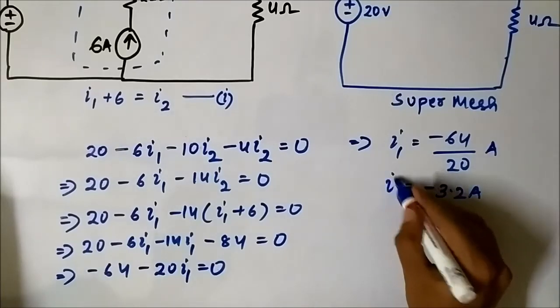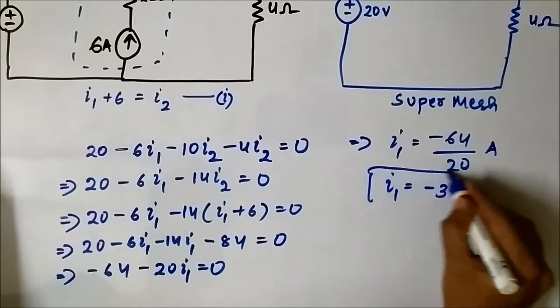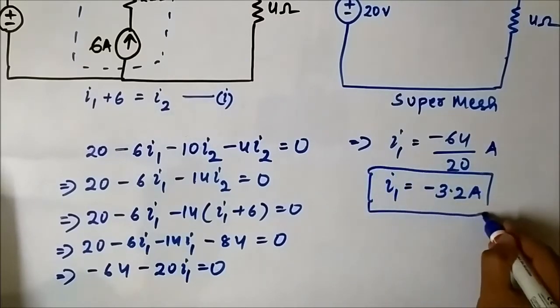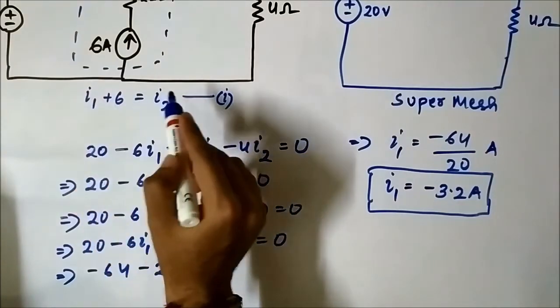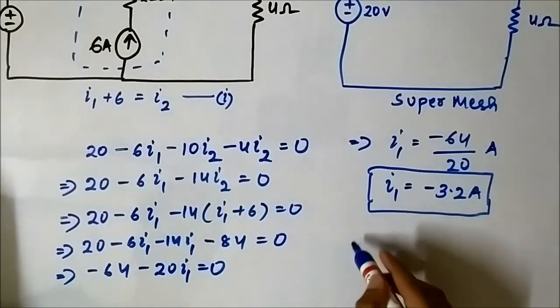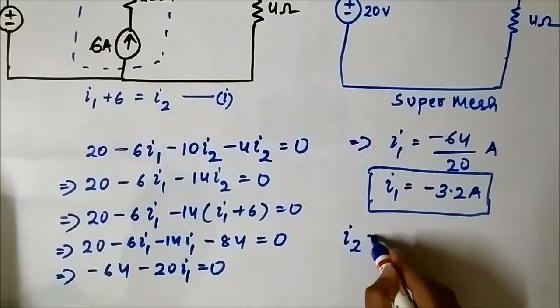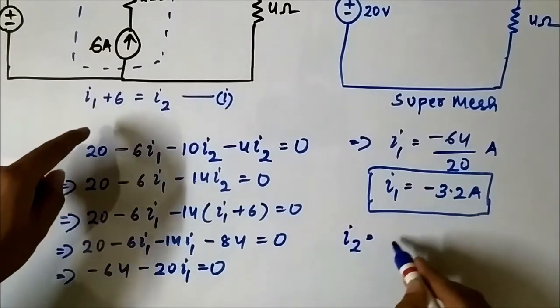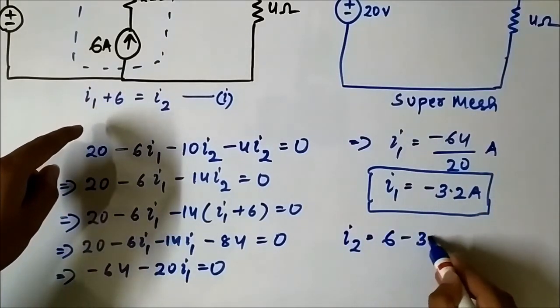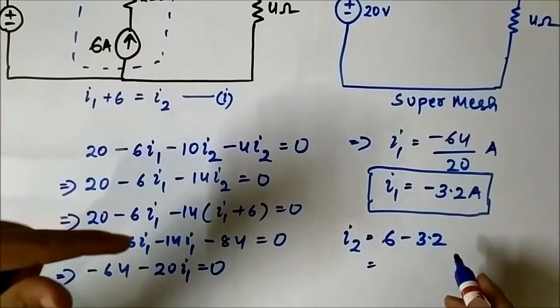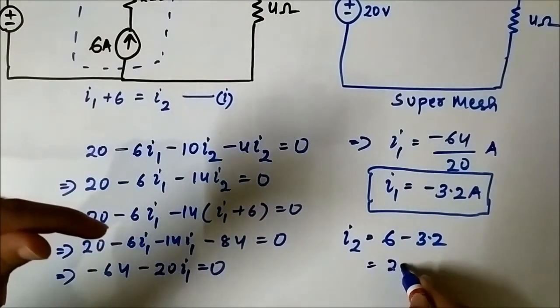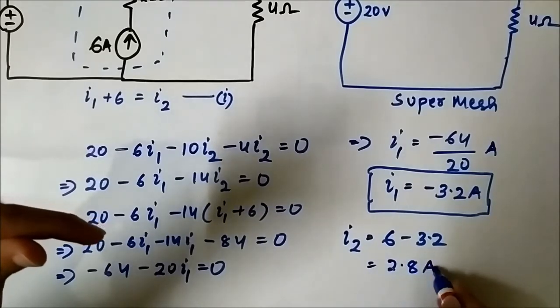So we have found I1. Now we can use this value and we get the value of I2. I2 is equal to 6 plus I1, which means 6 minus 3.2, which is 2.8 ampere.